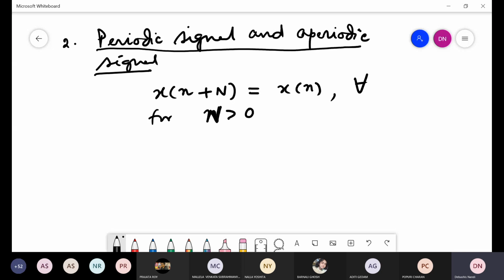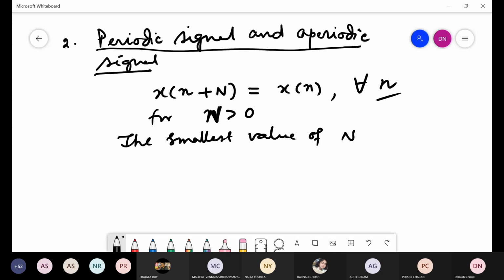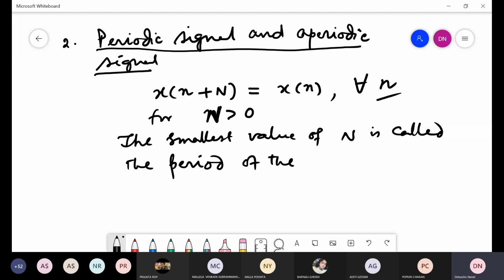And this holds for all n, where n is lowercase. And the smallest value of capital N is called the period of the signal. So this is the definition of a periodic signal.